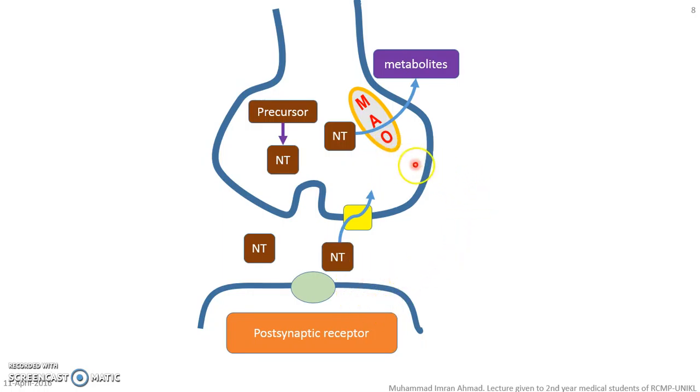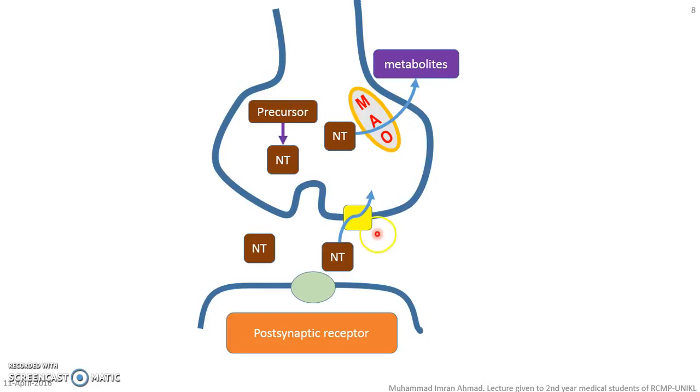So for example of this drug, the monoamine oxidase inhibitors is moclobemide. And then we have the serotonin specific reuptake inhibitors like fluvoxamine or fluoxetine or sertraline, citalopram.